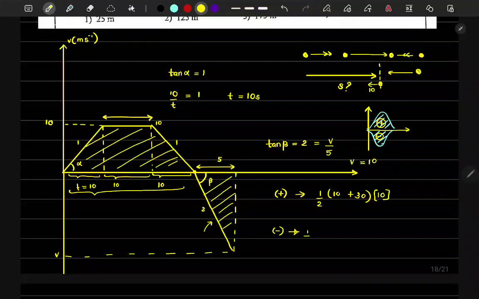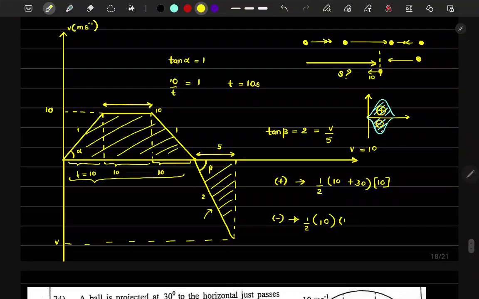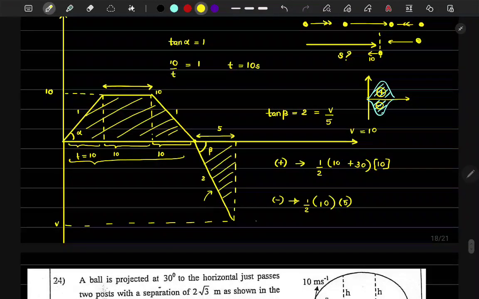So that is half into the height, which is v, that is 10, into 5, which is the breadth or the base of the triangle. So the displacement is equal to half into 40 into 10 minus half into 10 into 5. So the answer would be 175 meters.